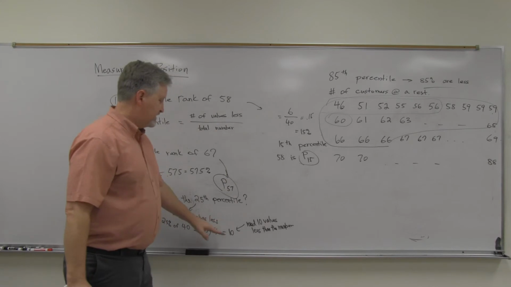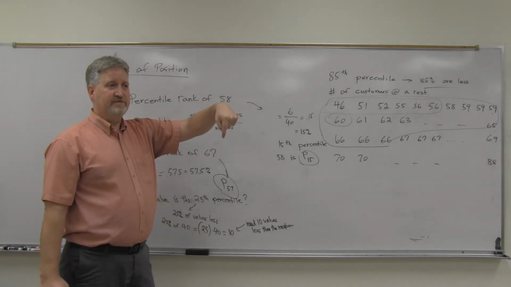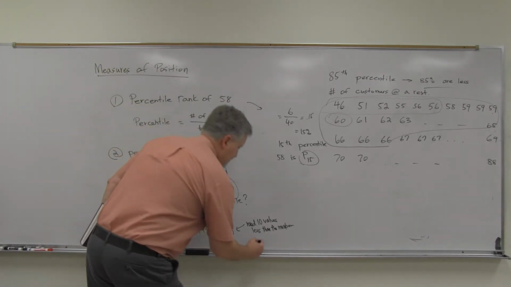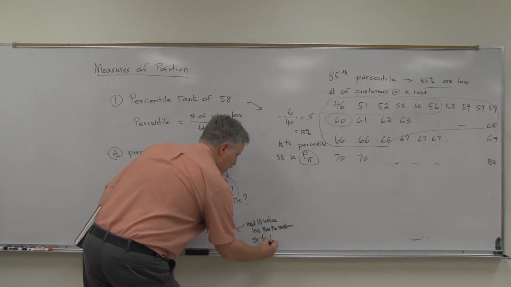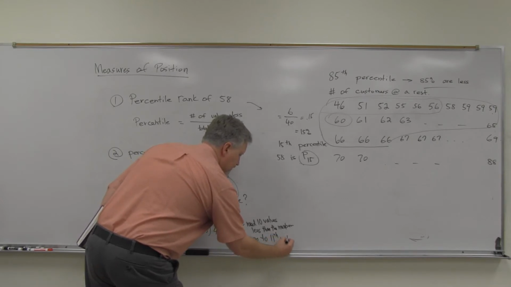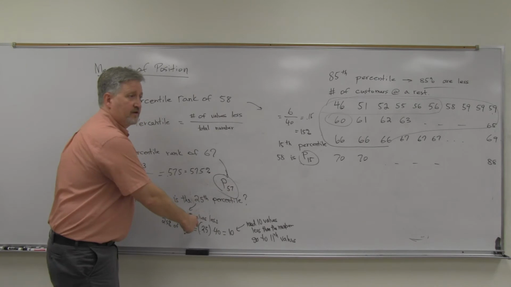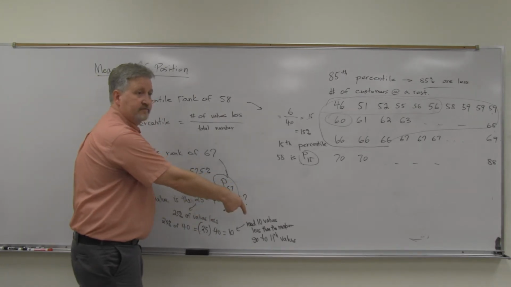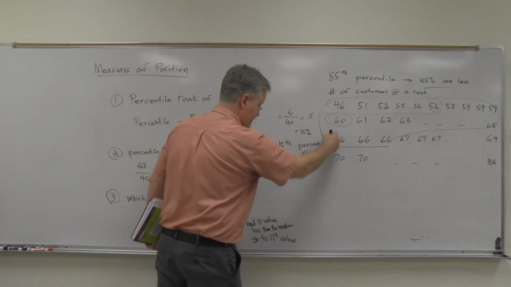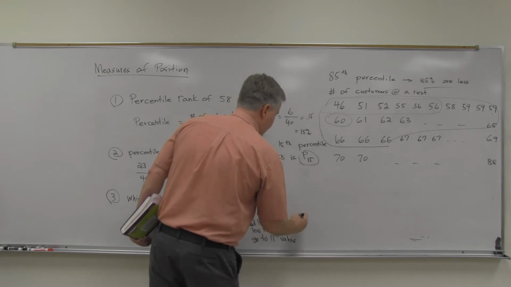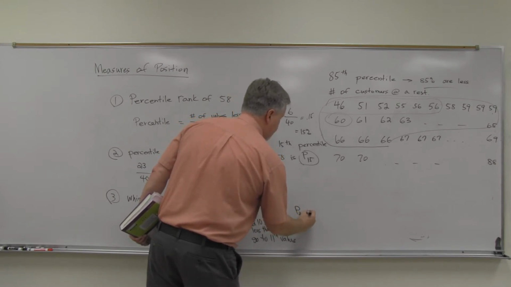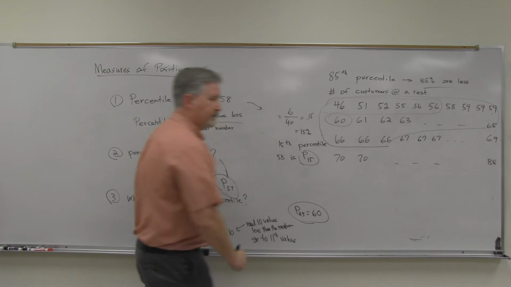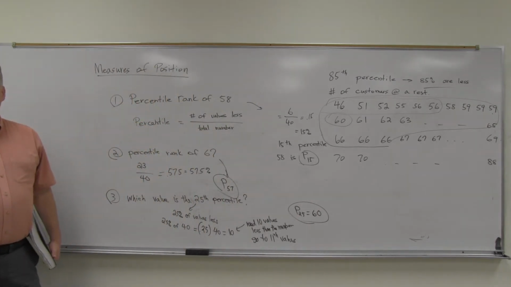So if this gives me 10, I go to the 11th value. You see what I'm saying? Because this is how many I want less, so I need to go to the next one. So I go to the 11th value, which is 60. So P25 is 60 in this particular case. With me? Question?